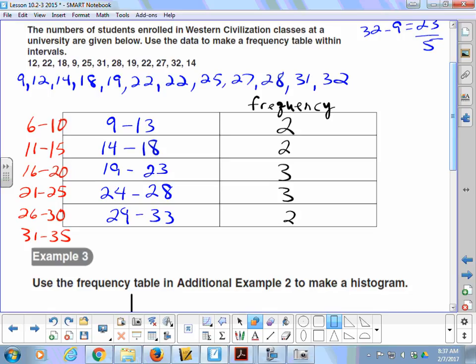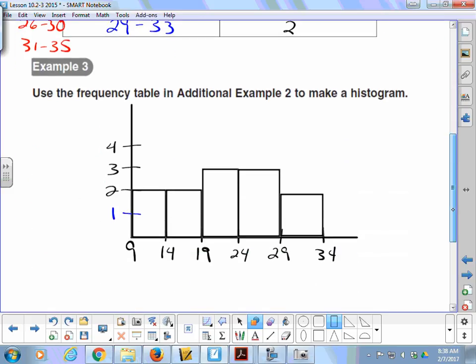It's basically you and how you like it, right? How you prefer it. And then with your histogram, once one rectangle ends, the next one starts, unless you have a defined gap where there's nothing in that data. So if I had no numbers from 19 to 23, then that would be blank. All right, that's the only time I would have a gap. Okay.